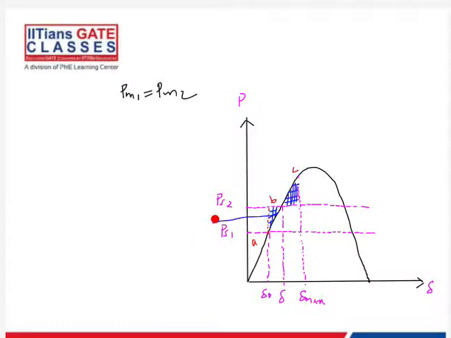So this area is A1 and this area is A2. Now I hope you have a visual aid to picturize the equal area criteria.